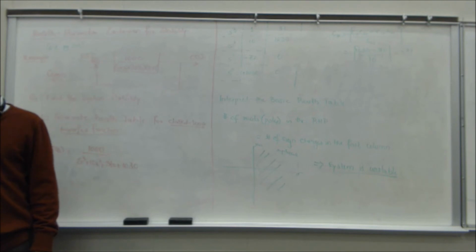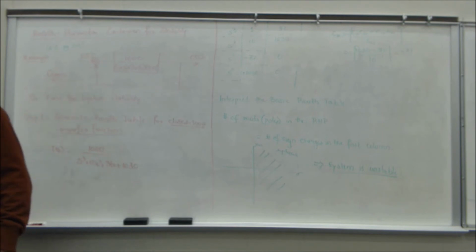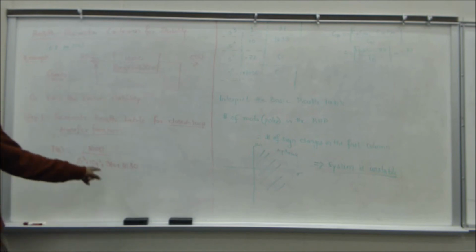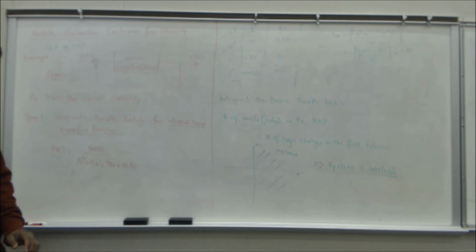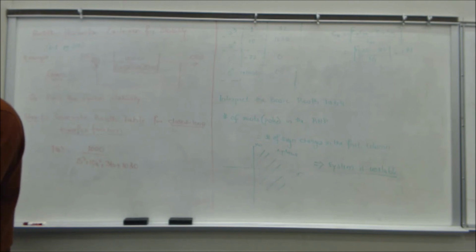So I'll show you. The roots of this polynomial, what is the polynomial? You have 1, 10, 31, 1, 0, 3, 0.